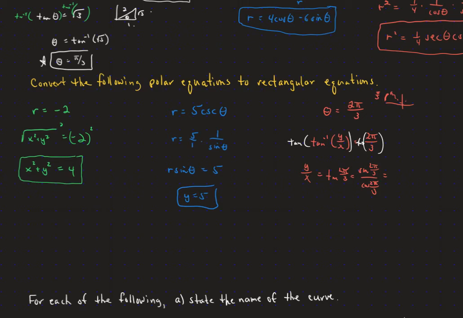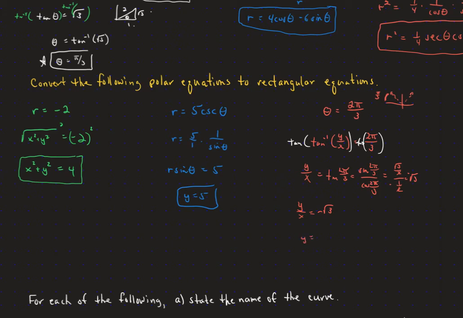In quadrant 1, the sine of pi over 3 is square root of 3 over 2, and the cosine of pi over 3 is 1/2. That will get us to square root of 3, but in quadrant 2, the cosine is negative, so that's going to give us a negative square root of 3. So we're getting y over x equals negative square root of 3.